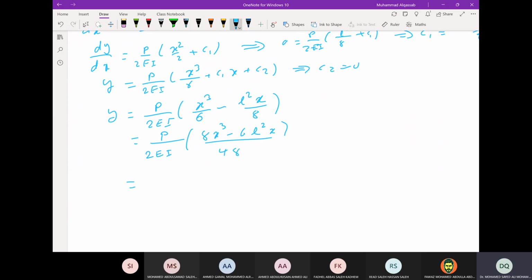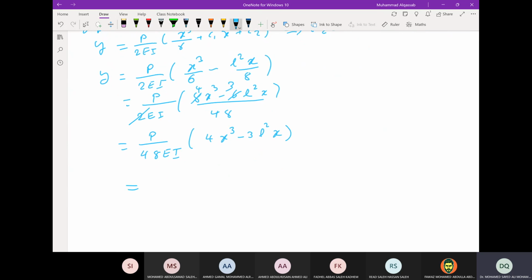Okay, so you can take 48 outside, P over 48EI, and this 2 becomes 4, and this becomes a 3. So this will be 4x to the power 3 minus 3L squared x. Okay, one more step we will do is take L to the power 3 common.